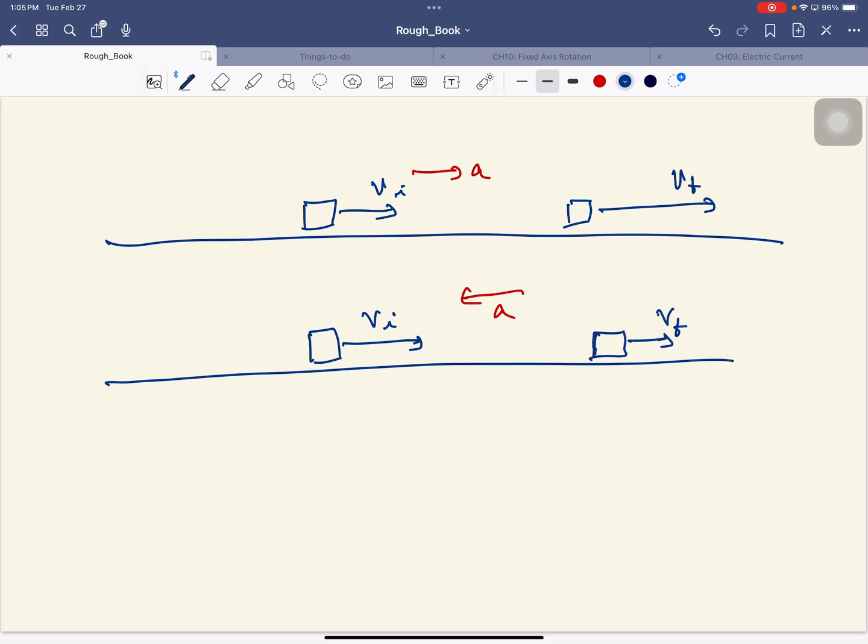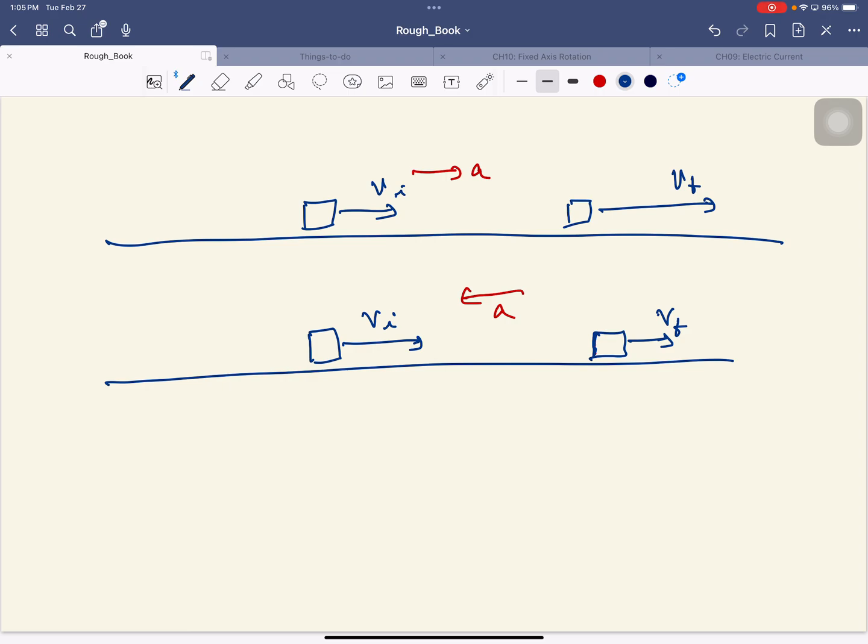So let's see this in our wheel. Which direction is the velocity pointing on this wheel? This way. Which direction was the acceleration pointing? The speed was changing. That's right.